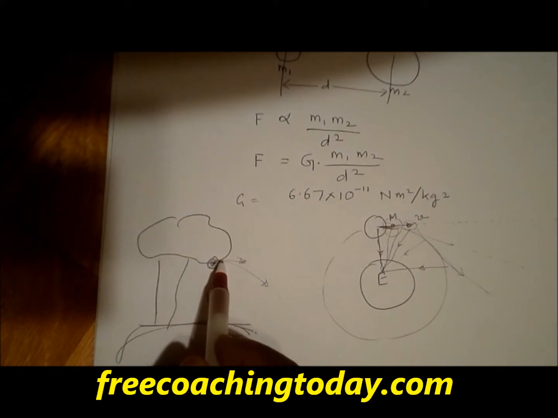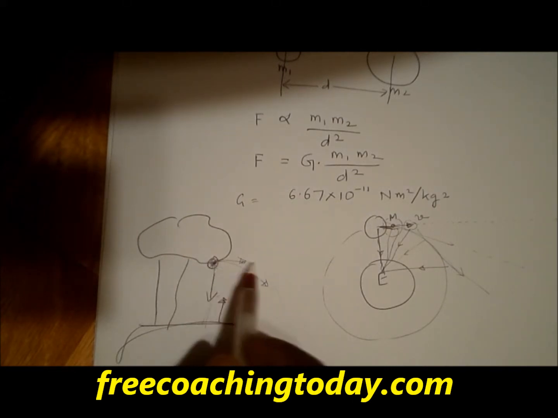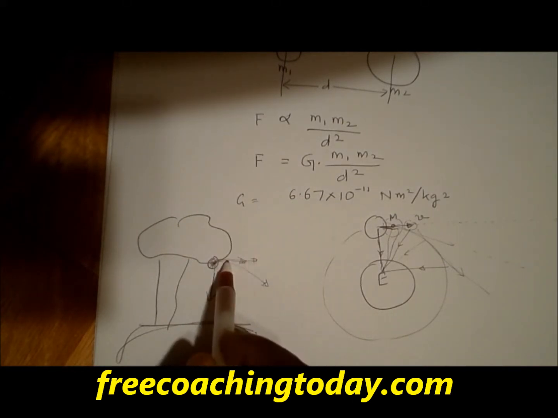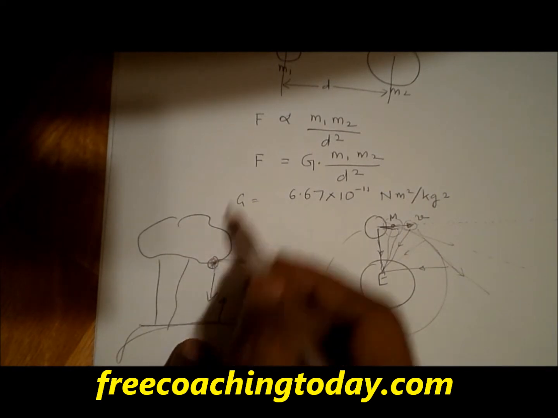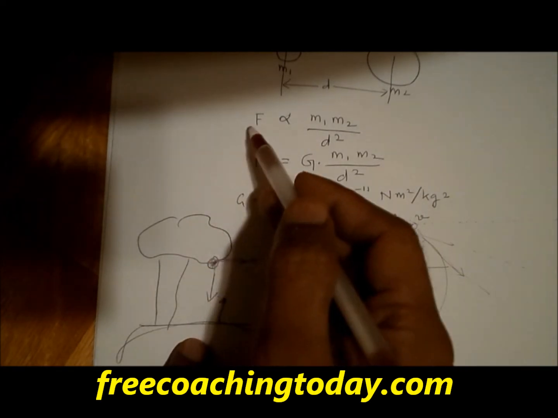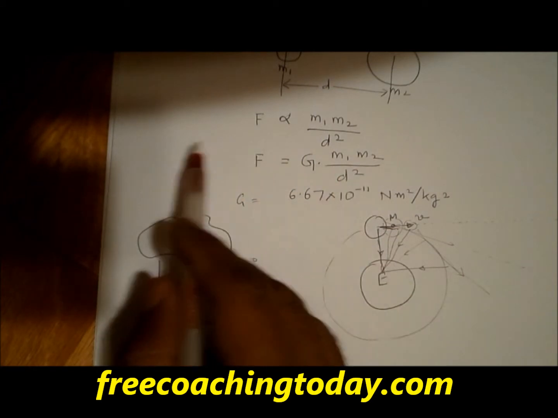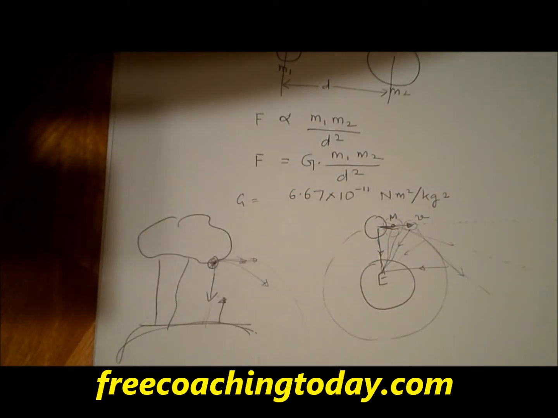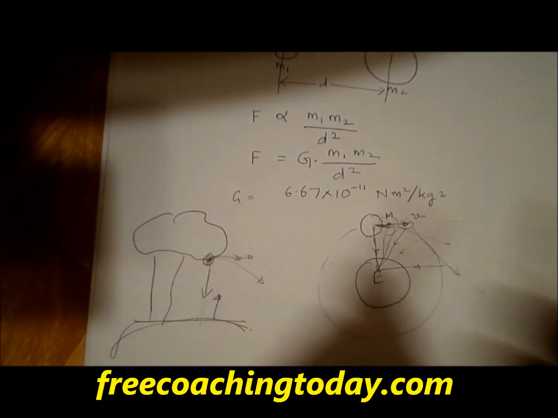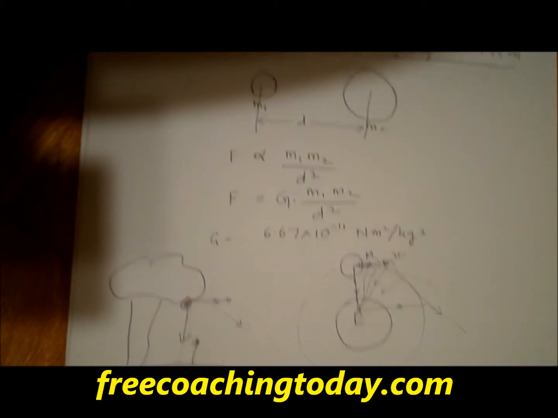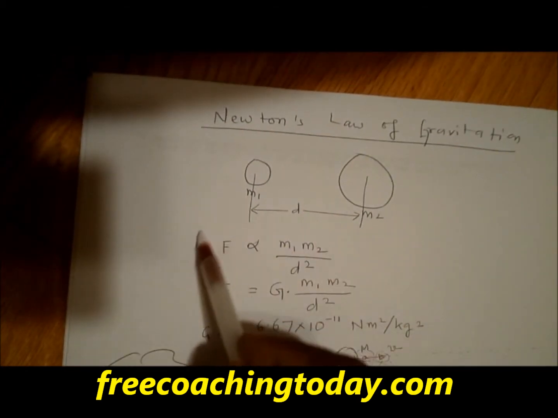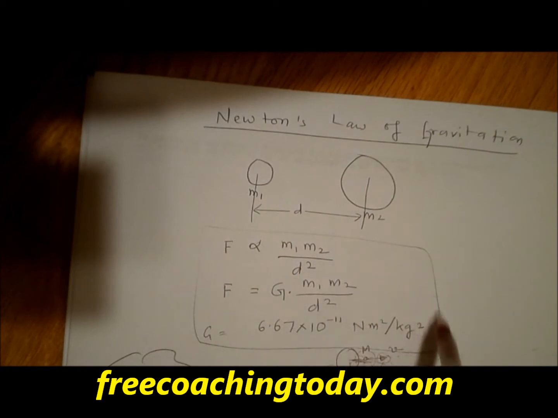But in theory, if you give it a sufficiently large horizontal velocity, it can start rotating. Or if you go to a higher height, the higher you go, the smaller horizontal velocity you need in order to make it move in an orbit. So given this law, let's go through some simple examples on gravitation.